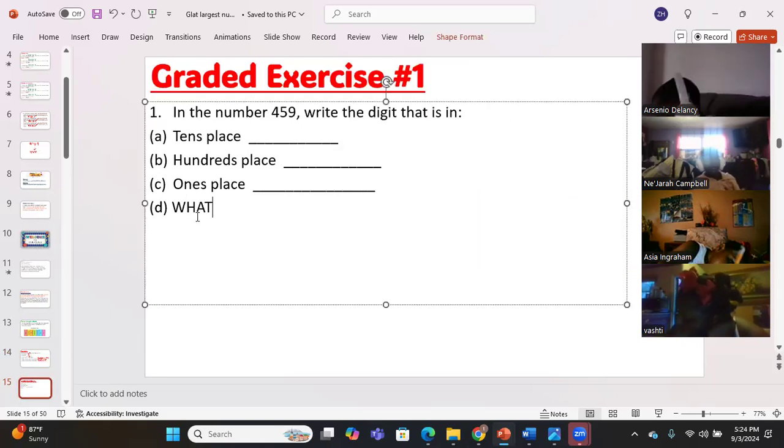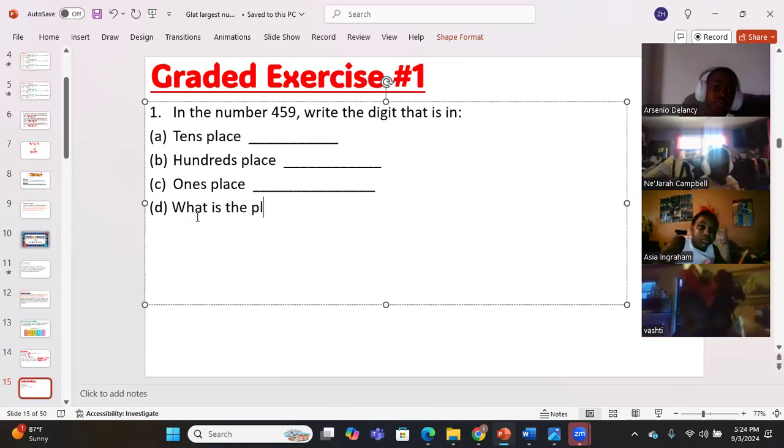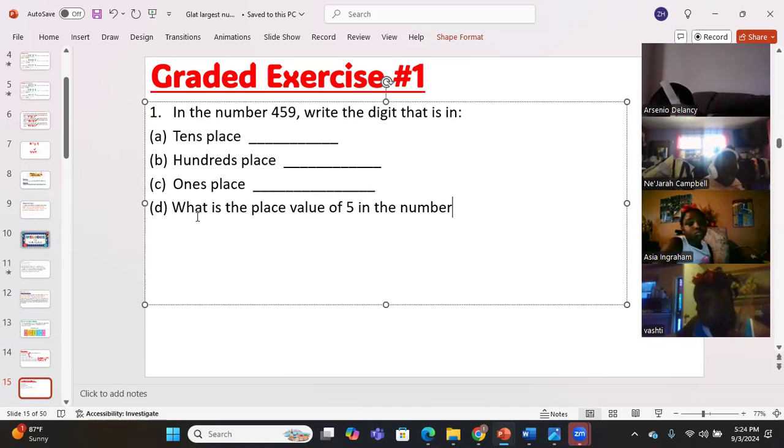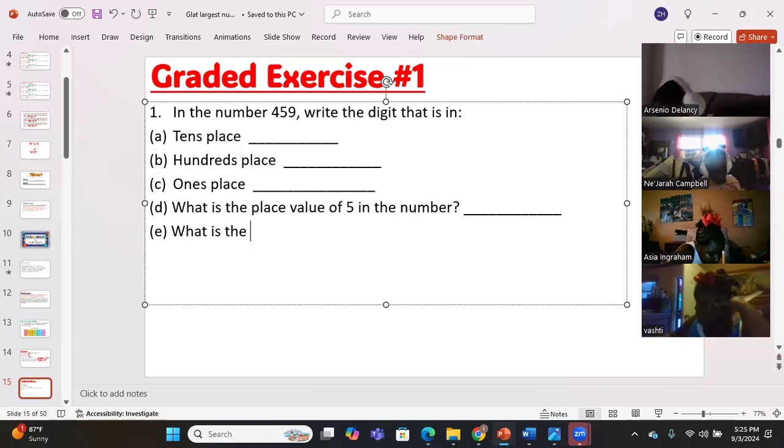And then part D: what is the place value of 5 in the number? E: what is the place value of 4 in the number?